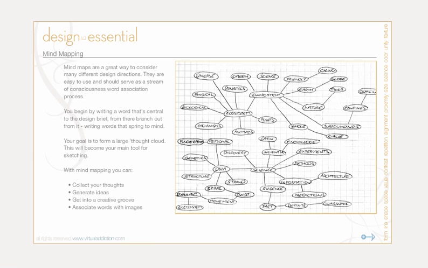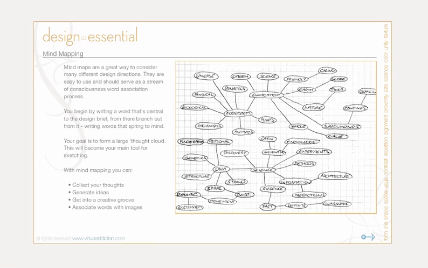They're super easy to create and they should serve as a stream of consciousness kind of word association process. You basically begin by writing a word that's central to the design brief, and then from there you branch out from it, writing other words that spring to mind. Your goal is to form a large thought cloud, and this is going to become the main tool for sketching.